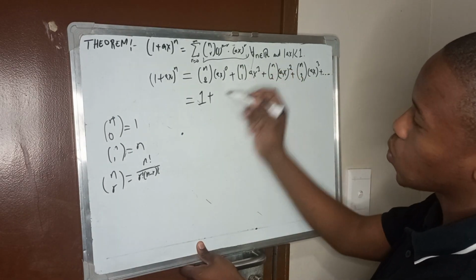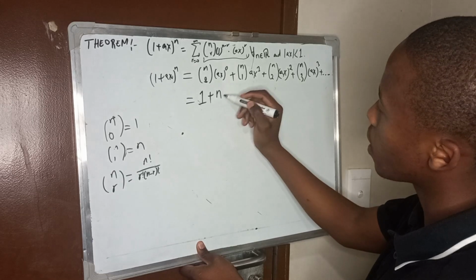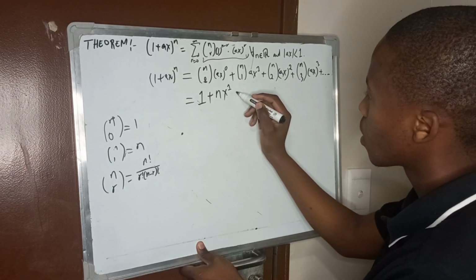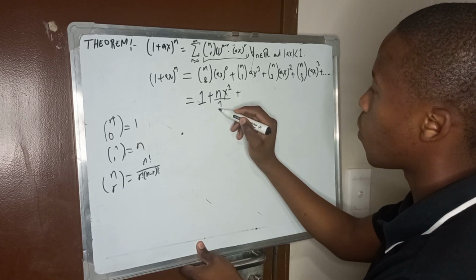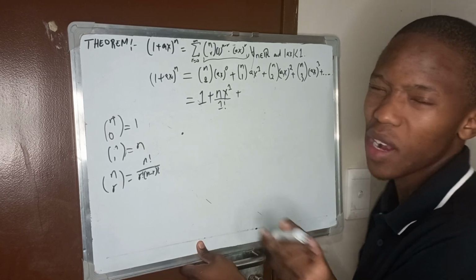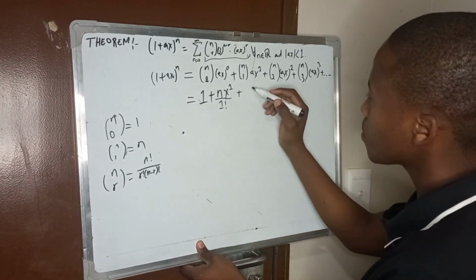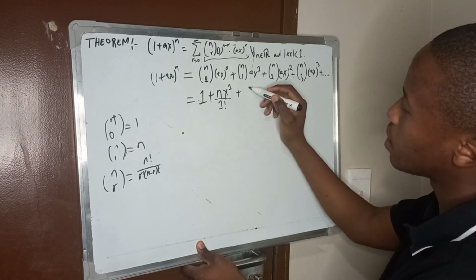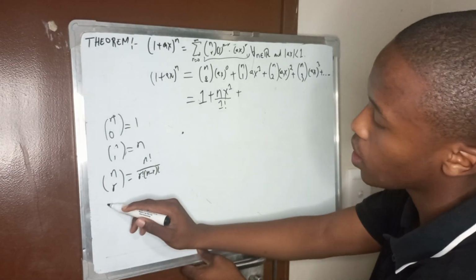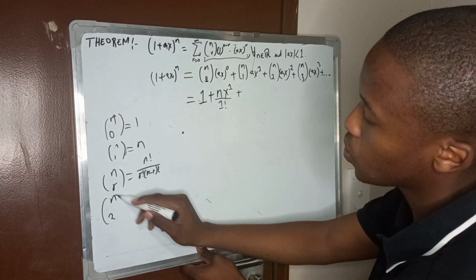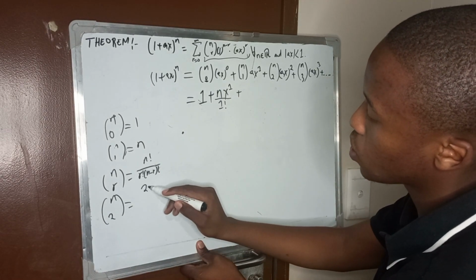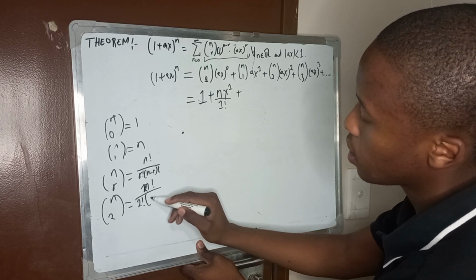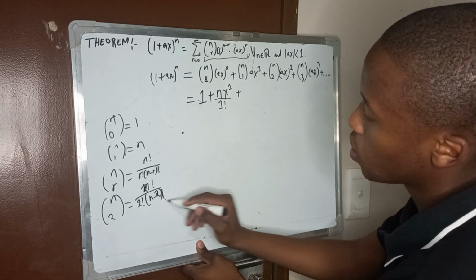Plus n choose 1 is the same as n. Here we have nx to the power 1, but this is over 1 factorial. 1 factorial is the same as 1, right? Yeah. Then plus n choose 2. Now we're going to use this formula to compute n choose 2. That is the same as n factorial over 2 factorial times n minus 2 factorial.